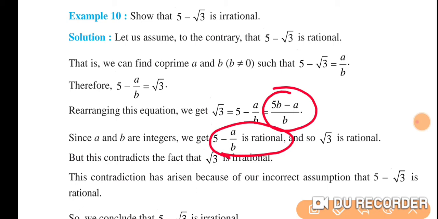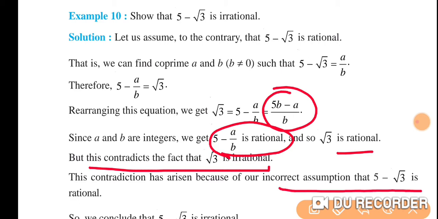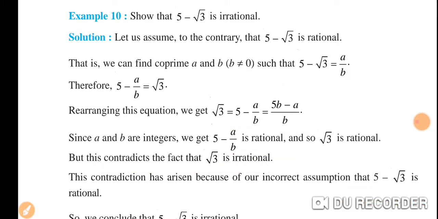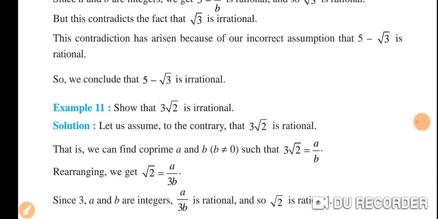If 5b minus a upon b is a rational number, that means root 3 should also be rational. But that is against the statement. Against which statement? Theorem 1.4. Because in theorem 1.4 you have learned the square root of a prime number is irrational. So your assumption is incorrect, which means 5 minus root 3 is irrational.